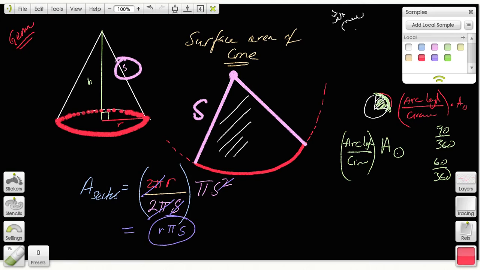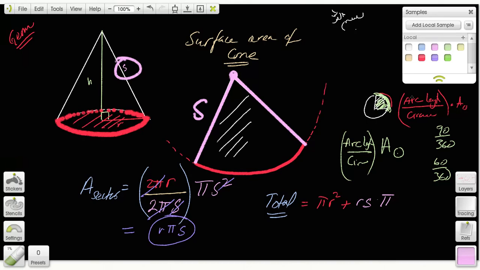So the total surface area is going to be the area of this base, which was the easy part of this question, pi baby r squared, plus the lateral area. The lateral area was the baby radius times the slant height times pi.